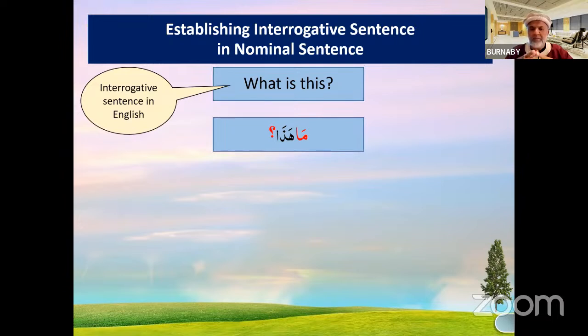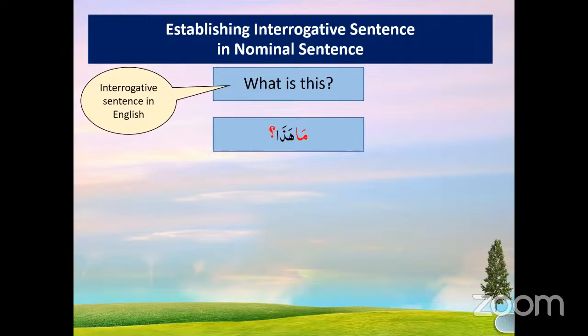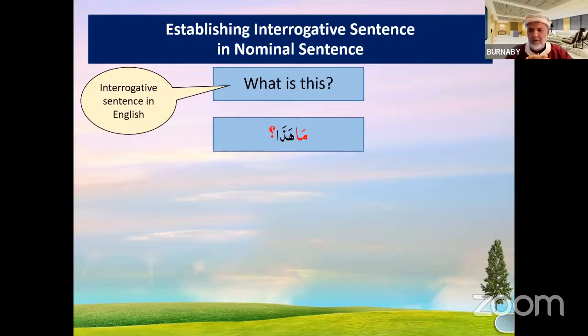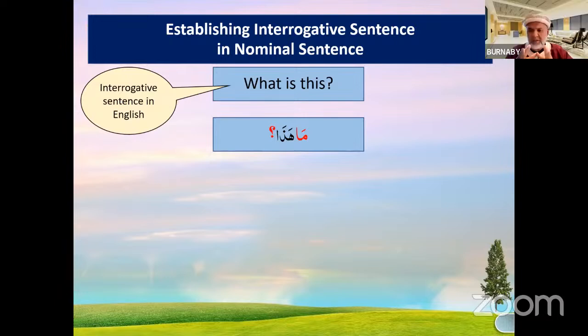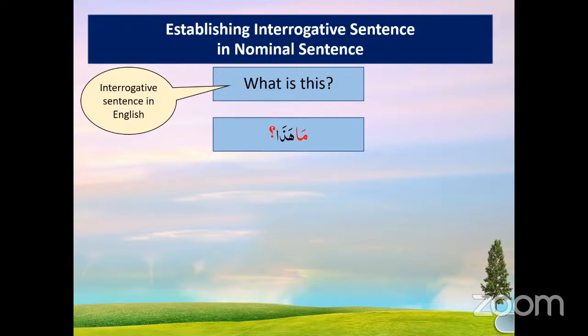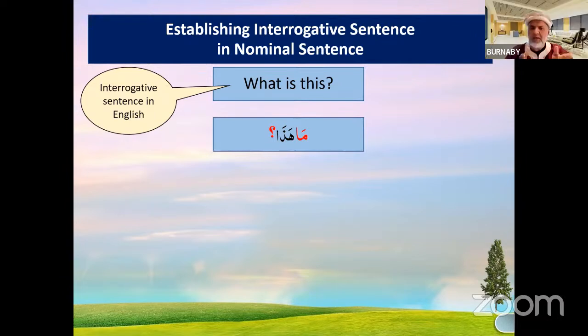So can I make ma here rafa? Yes. But is it nakira or marifa? Nakira. But can we have a nakira mubtada? Generally no, though in exceptions we can. Generally it is marifa. So here they're saying ma is mubtada and haza is the khabar.